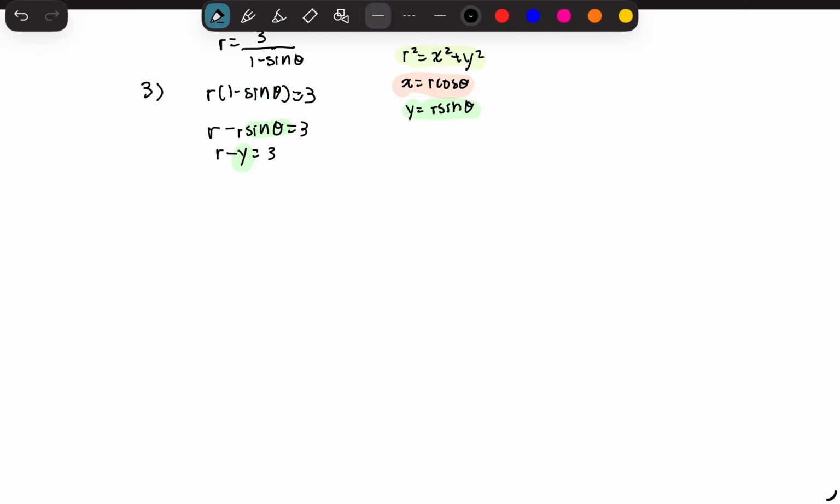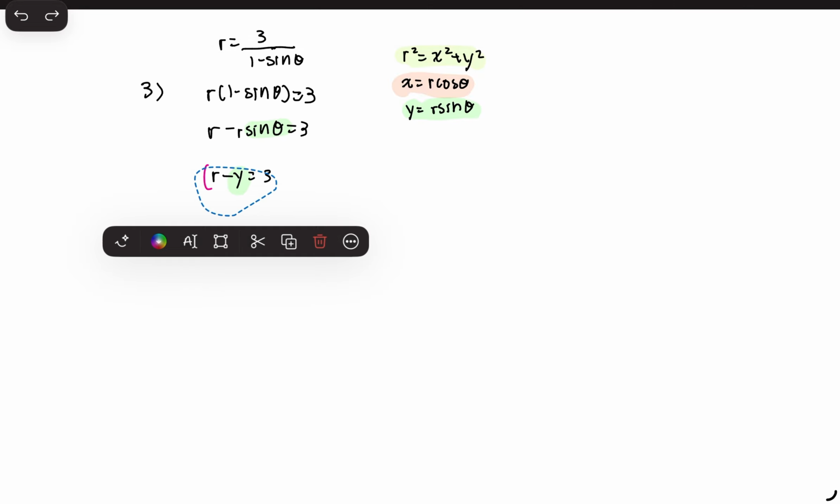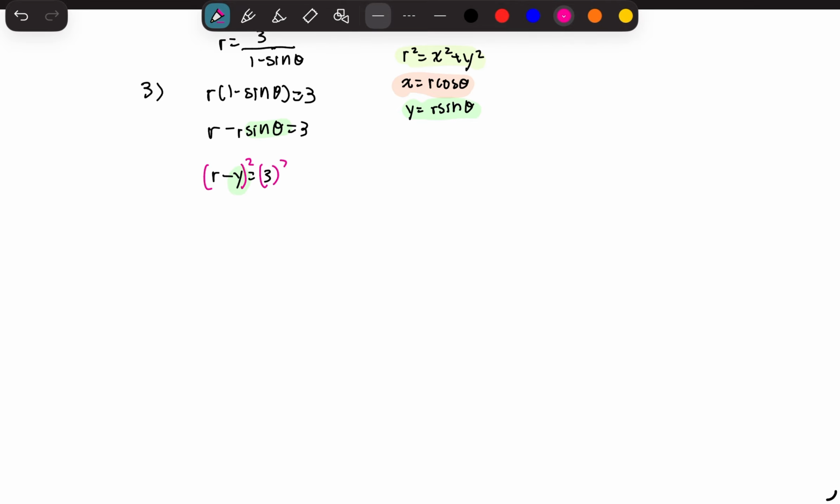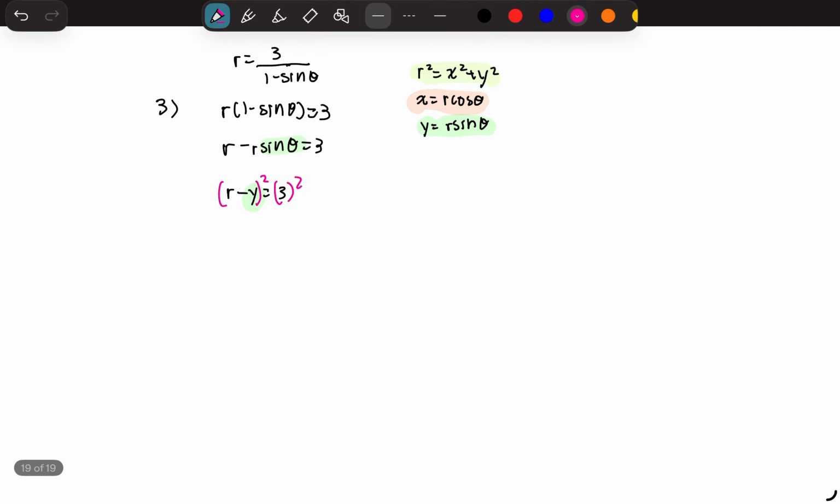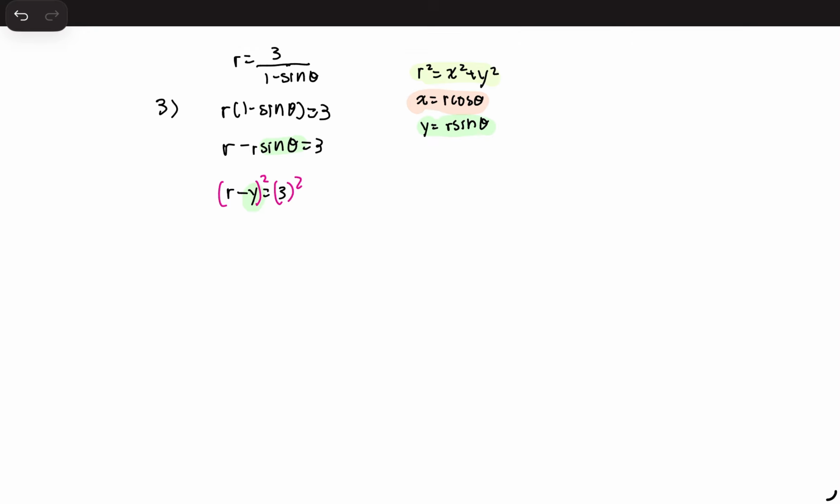Let's actually move this here because it's not the step where we did it. And after this, you're going to square both sides. So let's make a little room for this. We're going to square this side and we're going to square this side. Before we do this, let's actually solve for r.